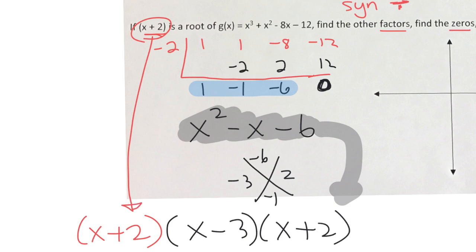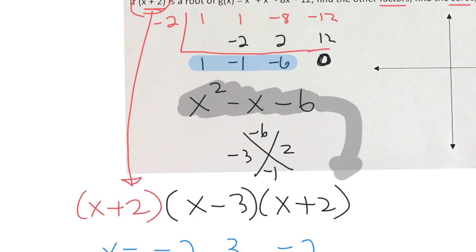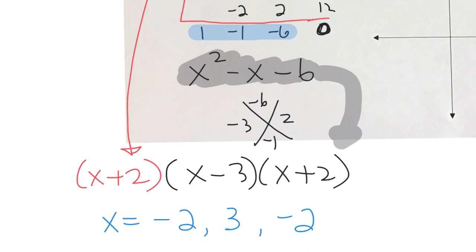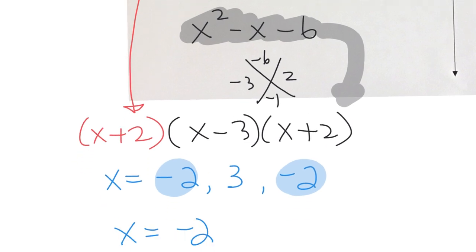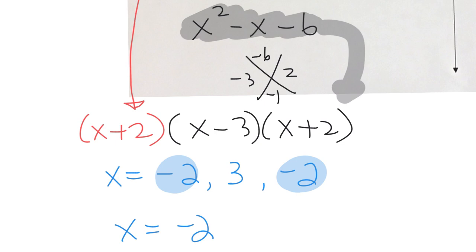We have three factors. So what are our zeros? x equals 3, x equals -2, so a -2, a +3, and a -2. Guess what you should be noticing? That there are two of the same zero, which means that this -2 has a multiplicity of 2.